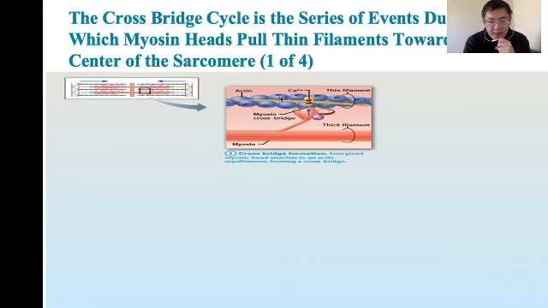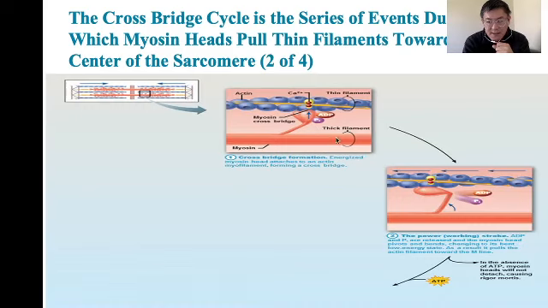The calcium will bind with the tropomyosin and cause the tropomyosin to twist to expose the binding site of actin.